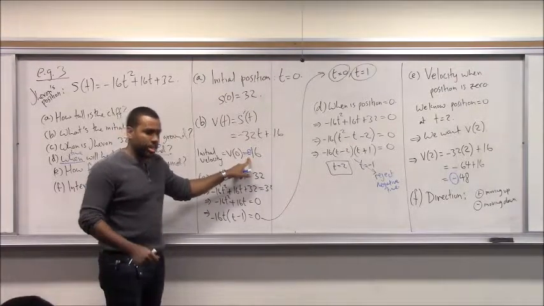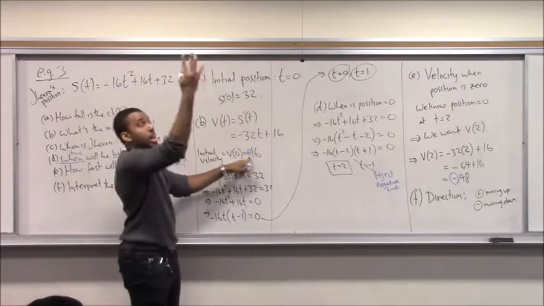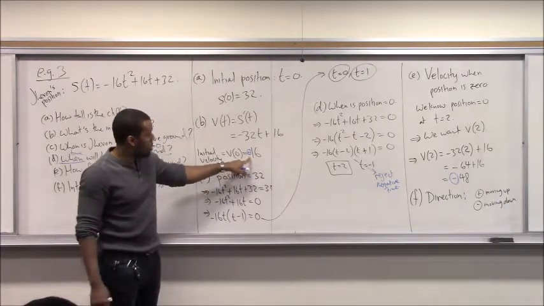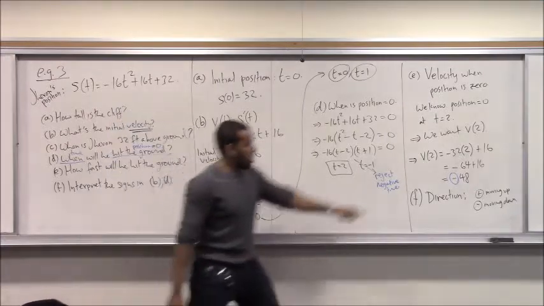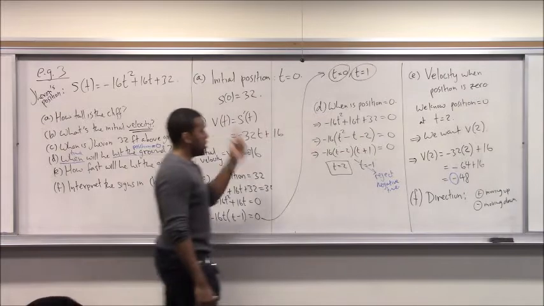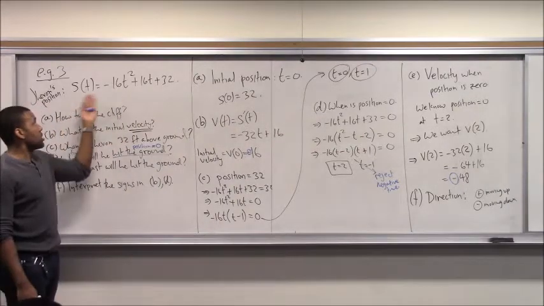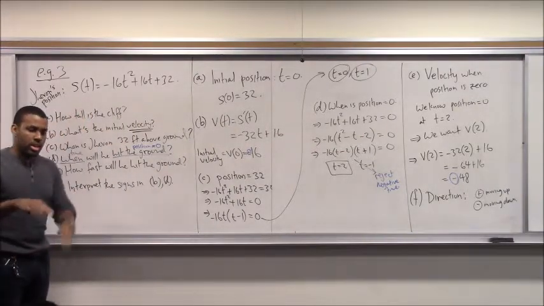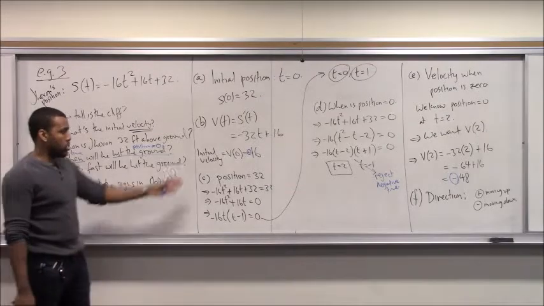That means they didn't throw him like that, they threw him like that, right? So he was moving up in the beginning. And here, when you hit the ground, obviously you're moving down at that point. There's a convention here when you're talking about motion, that your positive and negative signs actually indicate direction when it comes to velocity.